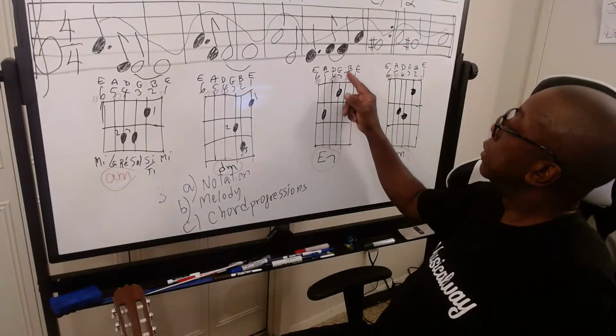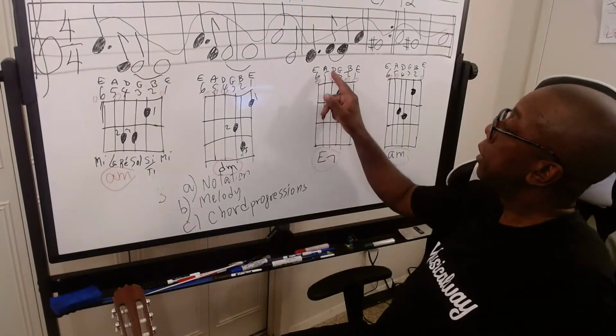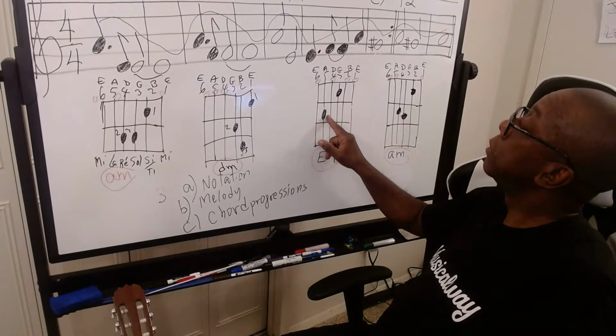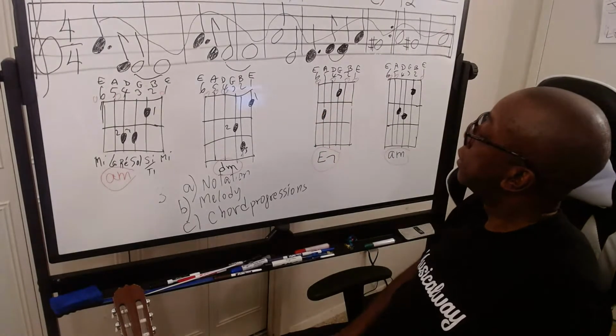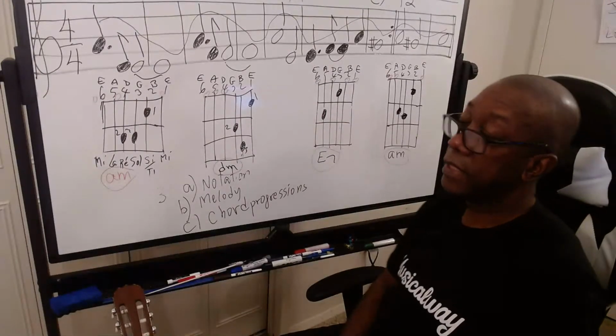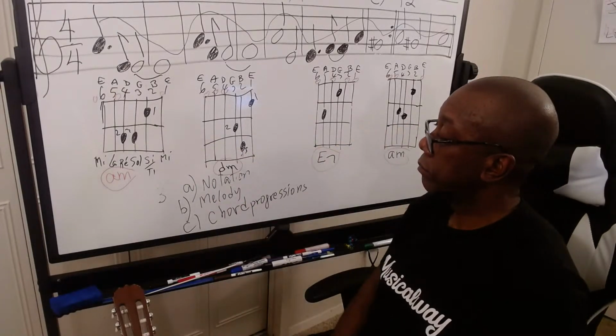This is G sharp, and this is C sharp. A sharp, B. This is B. And then we have the open E's, both sides, give you the full chord. Then back to A. All right.